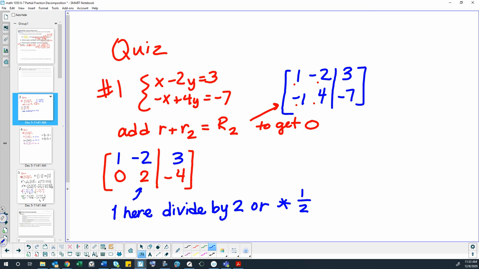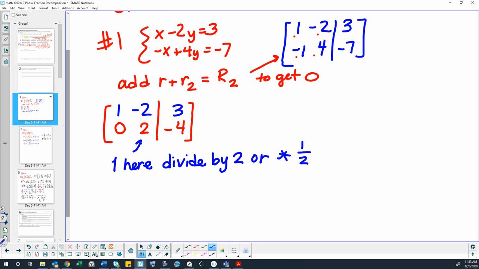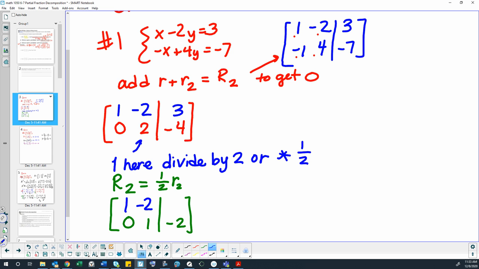So divide by 2 or multiply by 1/2. So basically, we're going to get a new row 2. Our new row 2 is going to come from 1/2 times our old row 2. That will give us 0, 1, -2. I just divided everything by 2. And I still have my same first row on the top.